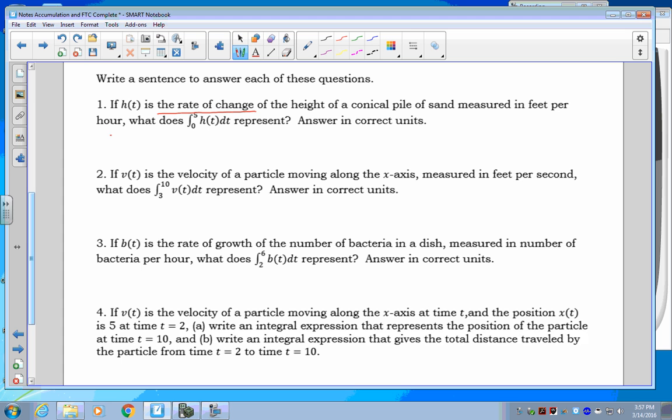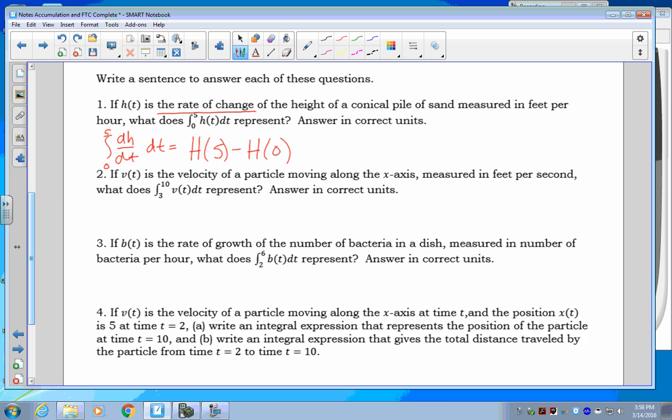Well, I kind of rewrote it a little bit as the integral from 0 to 5 of the rate of change of h with respect to time, which means this is going to be the height at 5, take away the height at 0.